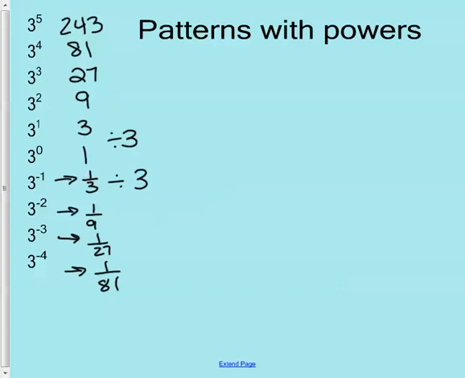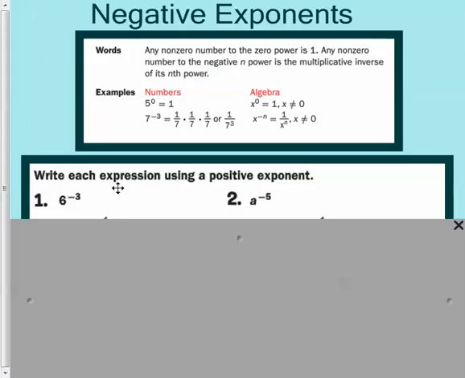It's a fractional form. So any non-zero number to the 0 power is 1. Any non-zero number to the negative power is its inverse. So when we look at this, 7 to the -3rd is like having 1/7 multiplied 3 times, or 1/7 to the 3rd power.